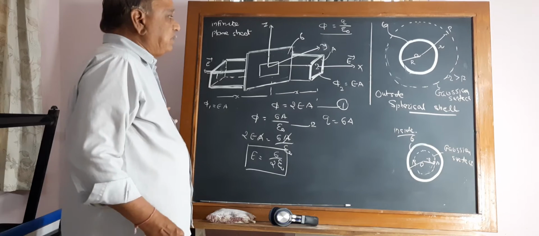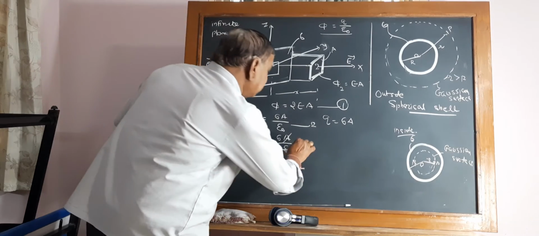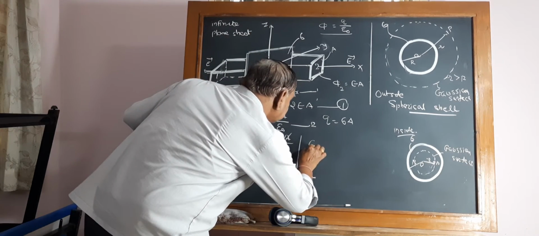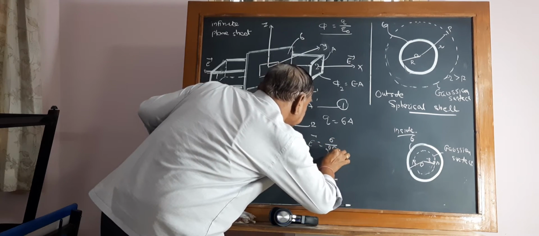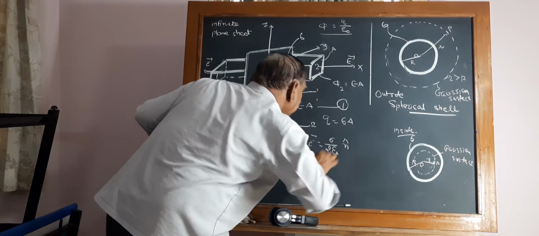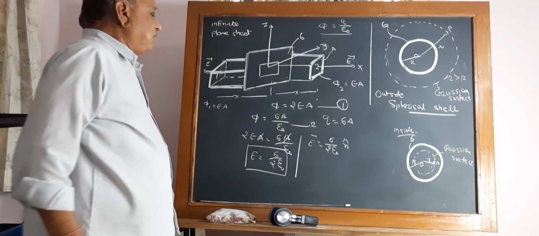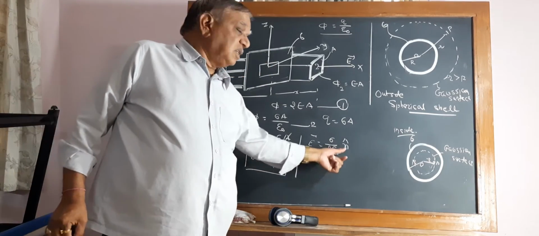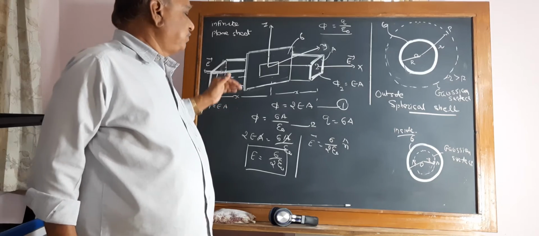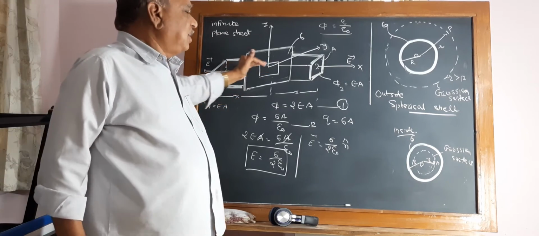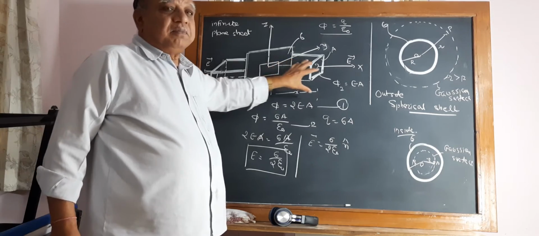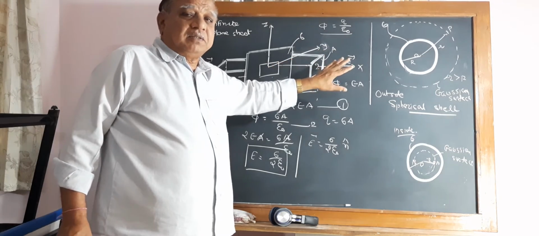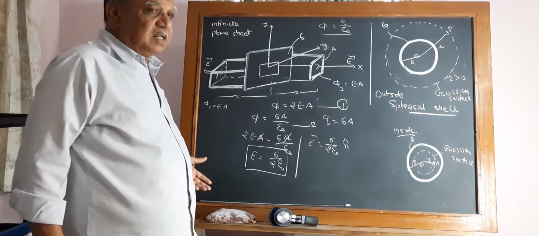If we want to represent it in vector form, then we can write E as sigma by 2 epsilon 0 n cap, where n cap is the unit vector in the direction of the field, means away from the plane sheet.